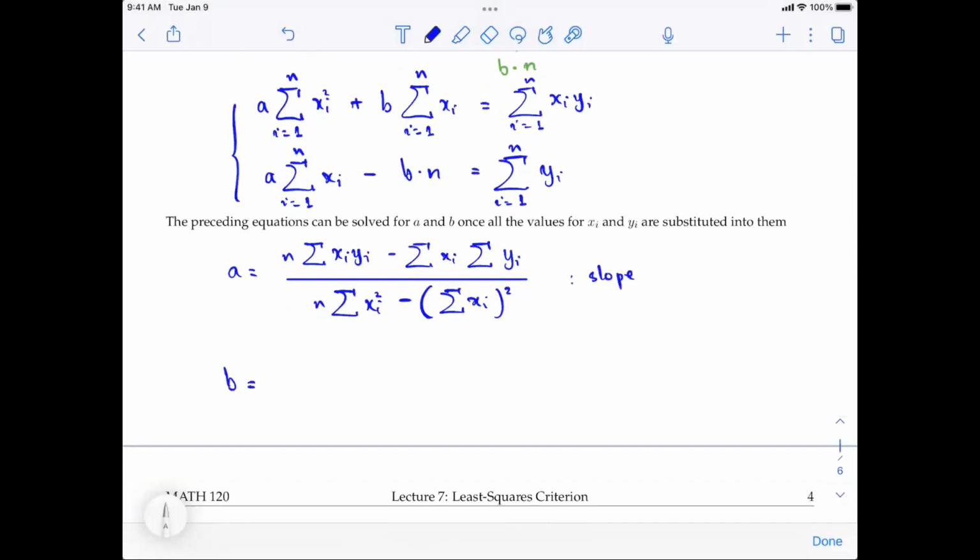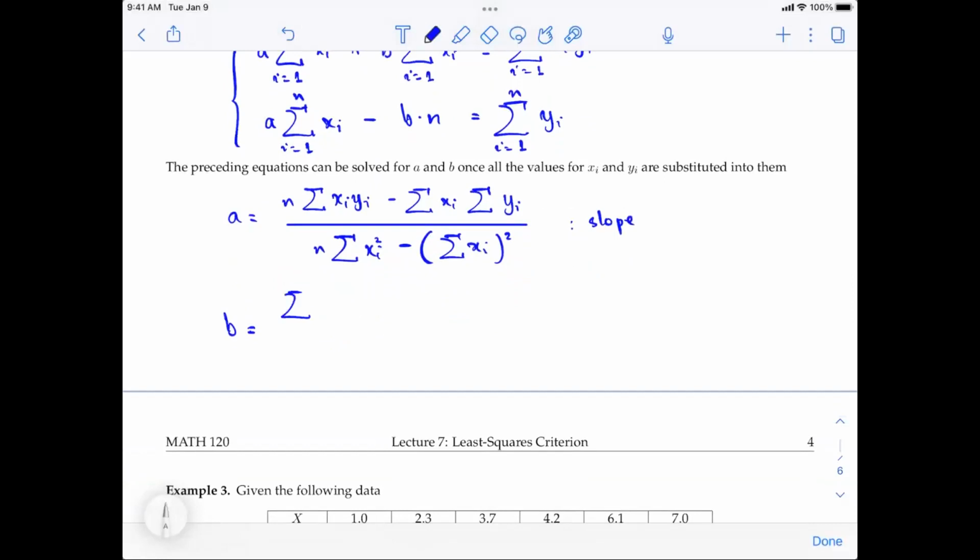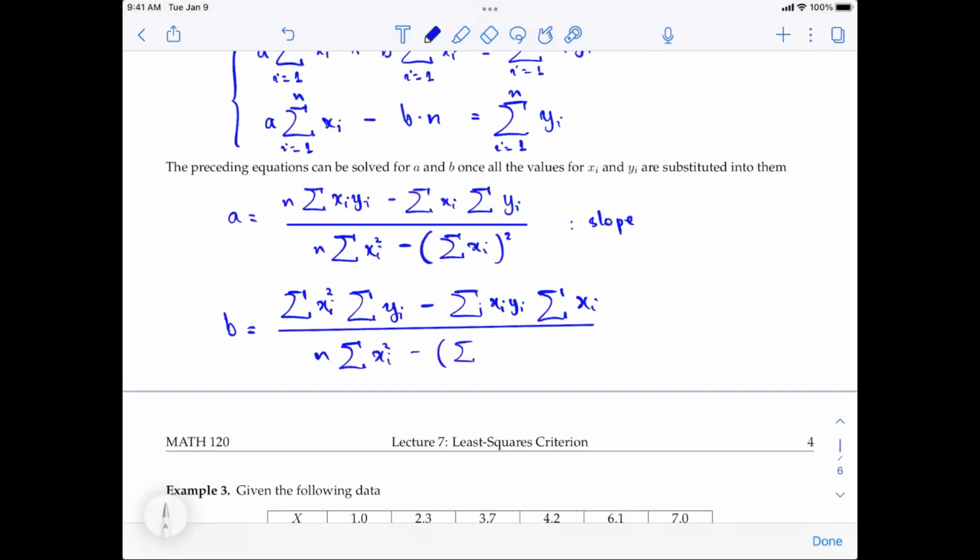And the formula for b is the summation of x_i squared times the summation of y_i, minus the summation of x_i y_i times the summation of x_i, divided by the denominator n times the summation of x_i squared minus the summation of x_i altogether squared.